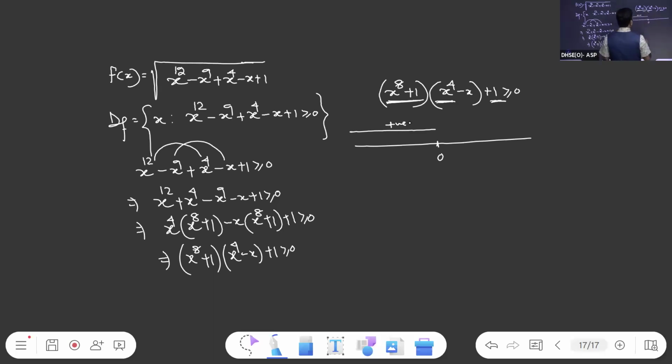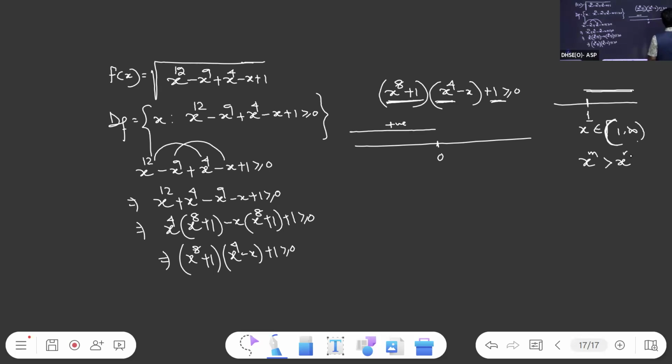Okay, again, when x is very small, a higher power of x will give you a lower value. When x is greater than 1, a higher power of x is greater than a lower power of x. If x belongs to 1 to infinity, x to the power m is greater than x to the power n if m is greater than n.